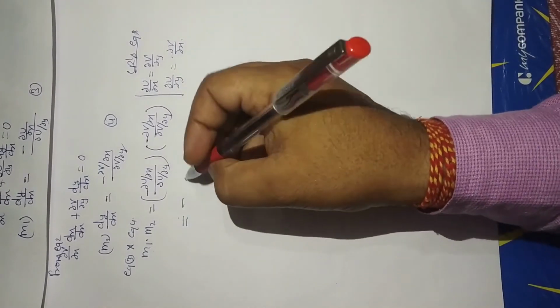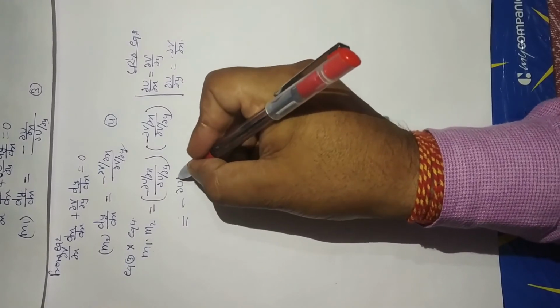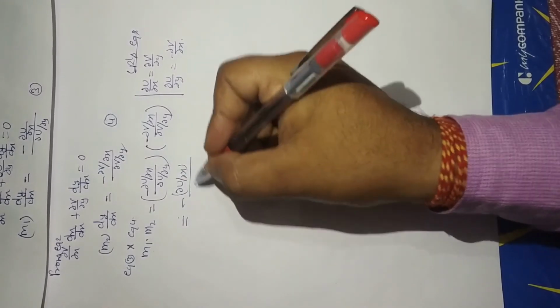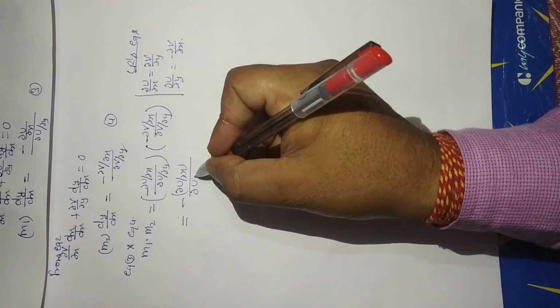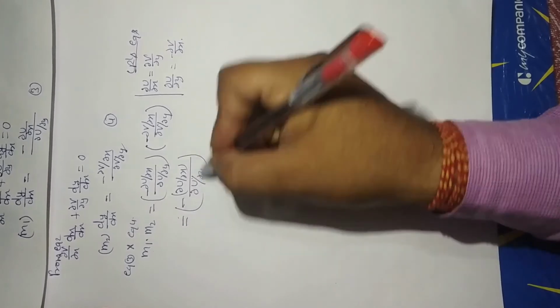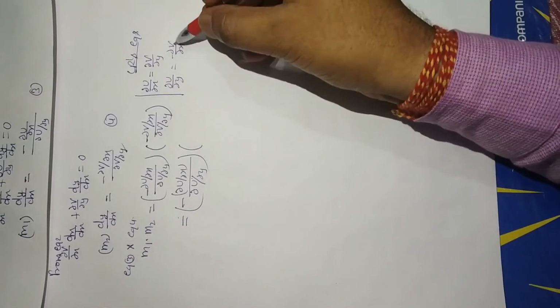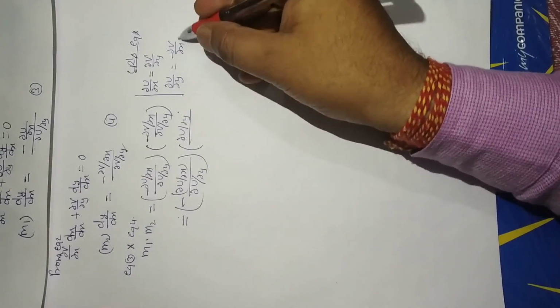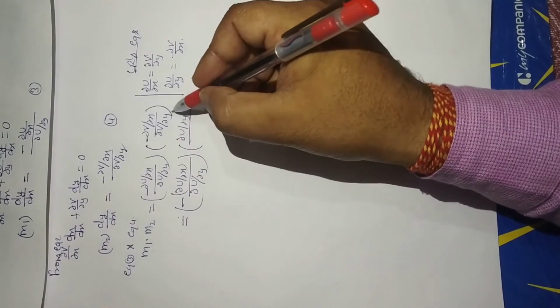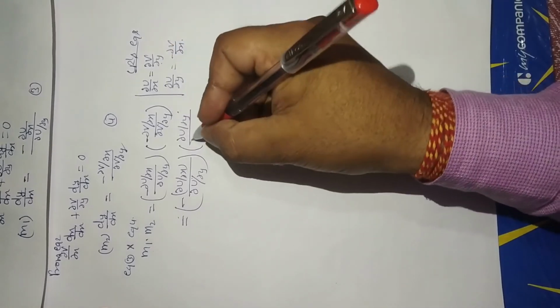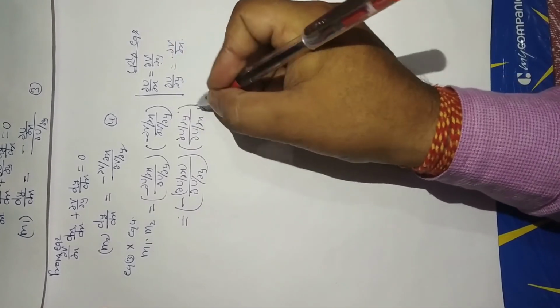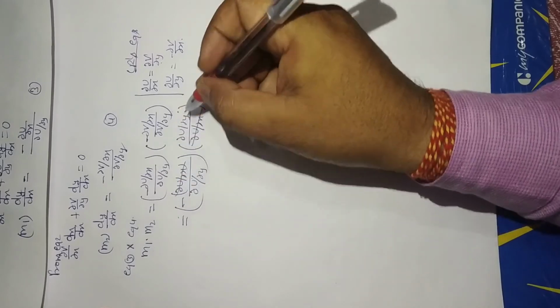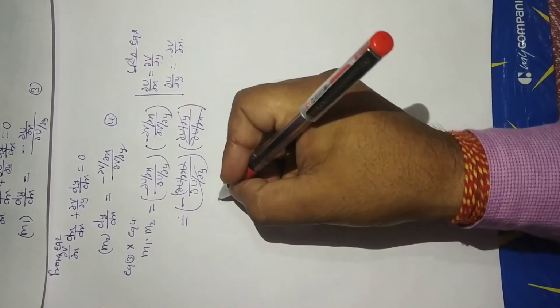Now del v upon del x is equal to minus del u upon del y by the CR equation, and the value of del v upon del y is del u upon del x. Now this is cancelled by this.